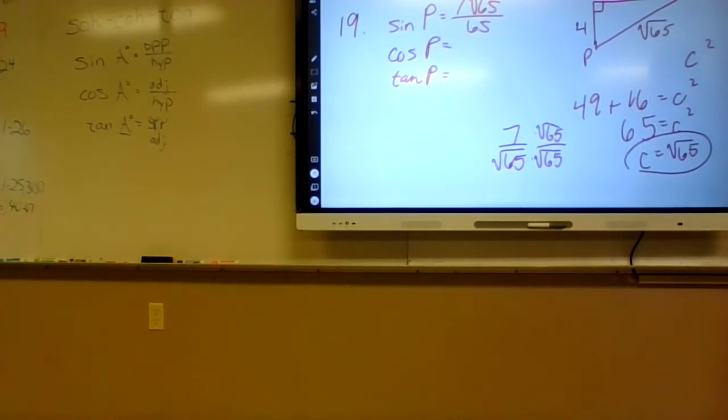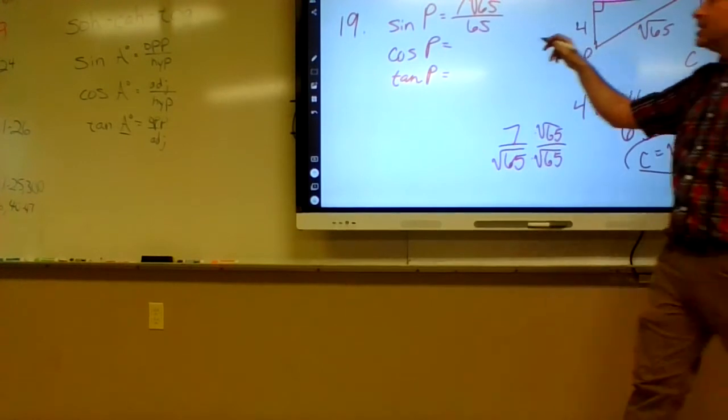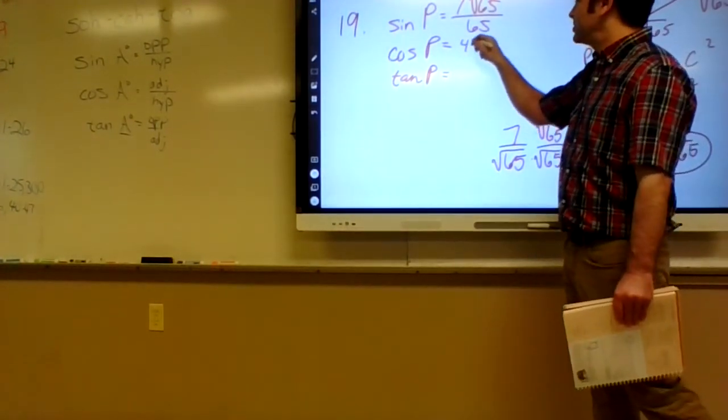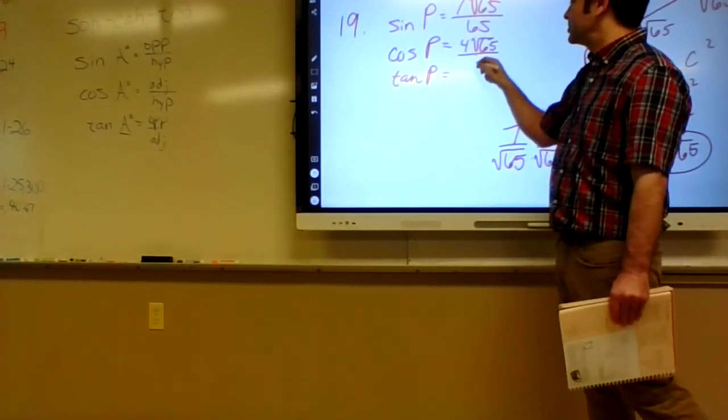Okay, and then what's the hypotenuse? Yeah, the square root of 65. The hypotenuse is also always across, it's the line that looks like a diagonal, because these two lines are 90-degree angles. Anyways, we can't leave the square root of 65 on the bottom, so I'm going to multiply top and bottom by the square root of 65 to get 4 square root of 65 over normal 65.